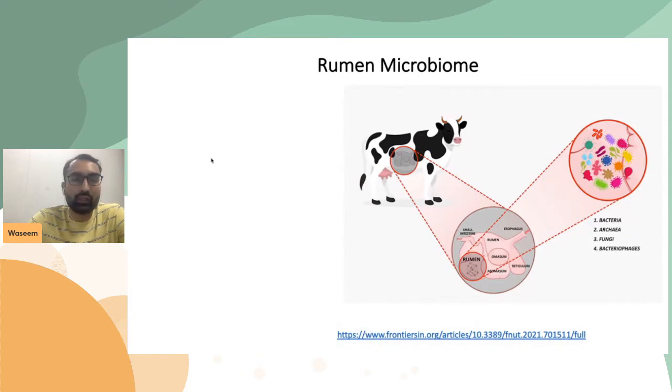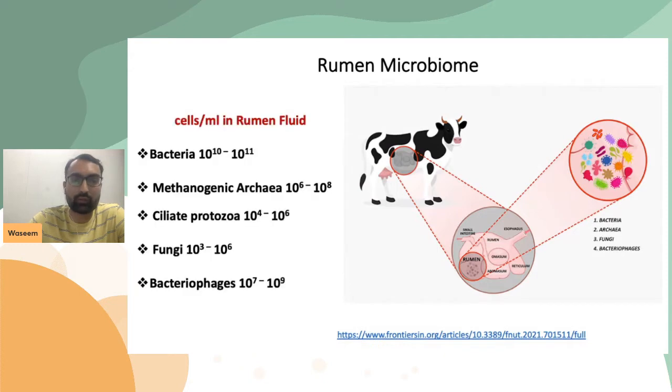So cattle have a very unique digestive tract compared to non-ruminants, or monogastric animals. They have basically four compartments: rumen, reticulum, omasum, and abomasum. And the rumen is a mix of a lot of different microbes. It has bacteria, methanogenic archaea, ciliate protozoa, fungi, and bacteriophages.